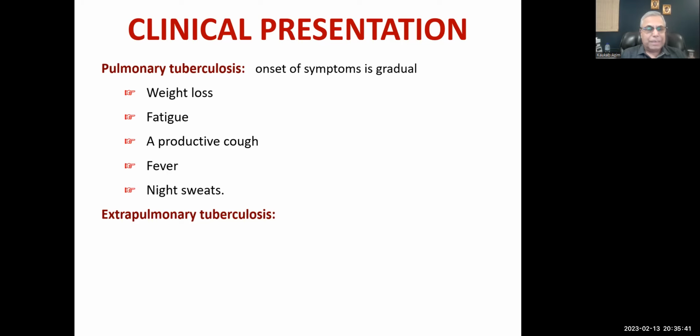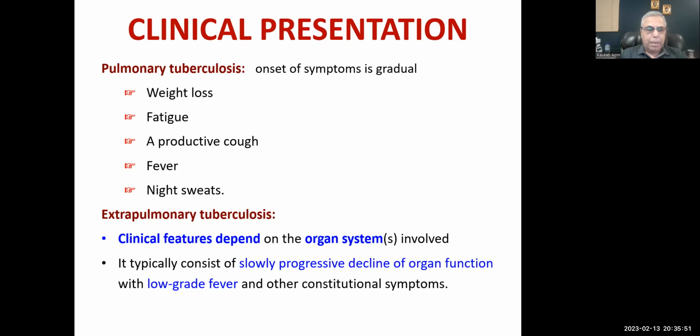Fever and night sweats, these are the possible clinical presentations. Extrapulmonary depends upon the organ system involved, and it typically consists of a slowly progressive decline in organ function. Low-grade fever could be there. This is a chronic disease, and obviously the person will have anemia of chronic disease as well.